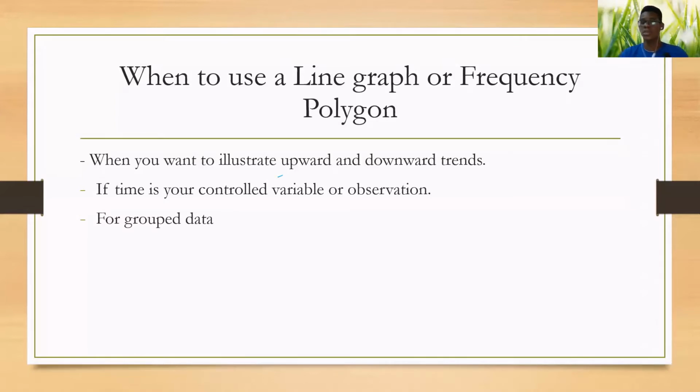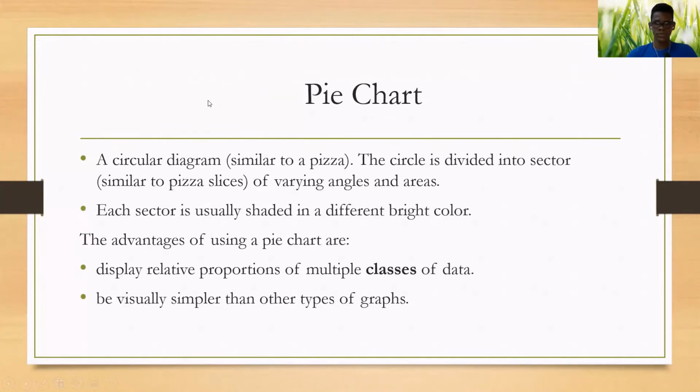If you want to look at how your data is fluctuating against a given observation, use your line graph or your frequency polygon or frequency distribution. And if time is your control variable observation, you definitely want to use a line graph or frequency polygon. Do not use a bar graph if time is your observation. Go straight ahead and use your line graphs.